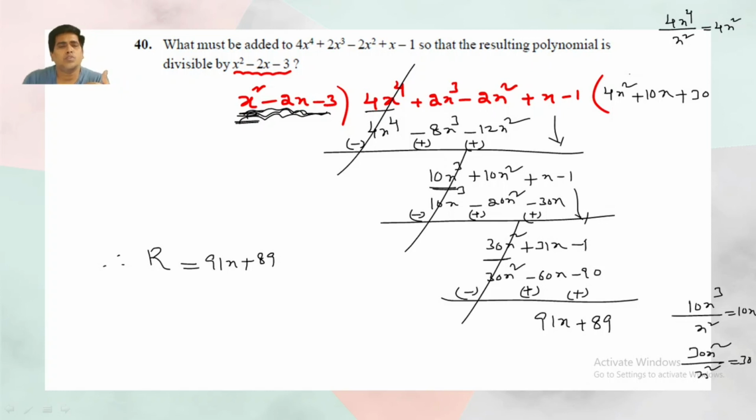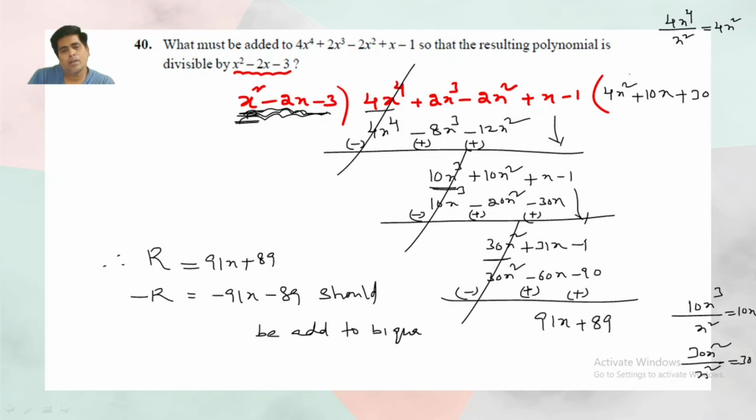So what must be added to this polynomial so that the resulting polynomial will be divisible? We have to take minus r. So minus 91x minus 89 should be added to the biquadratic polynomial. So that is your answer.